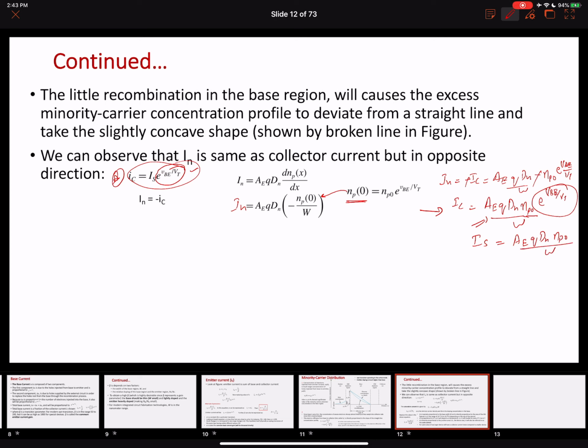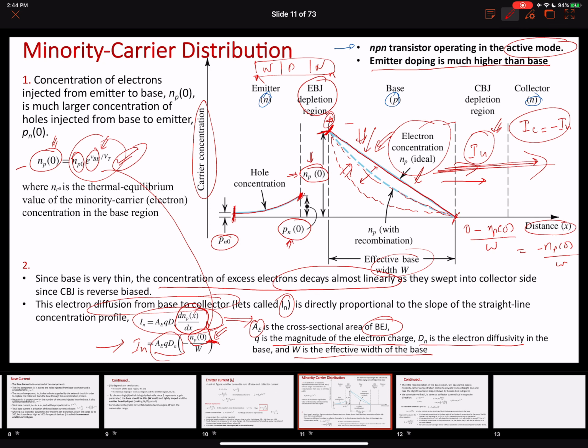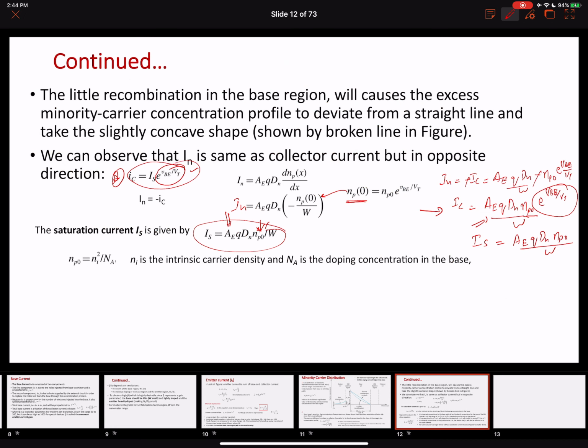The take-home message is that the saturation current, or scaling current, is directly proportional to the area of the junction. It is directly proportional to the concentration of charge carriers, this NP0, the minority charge carrier concentration in the base region, and it is inversely proportional to the width of the base.